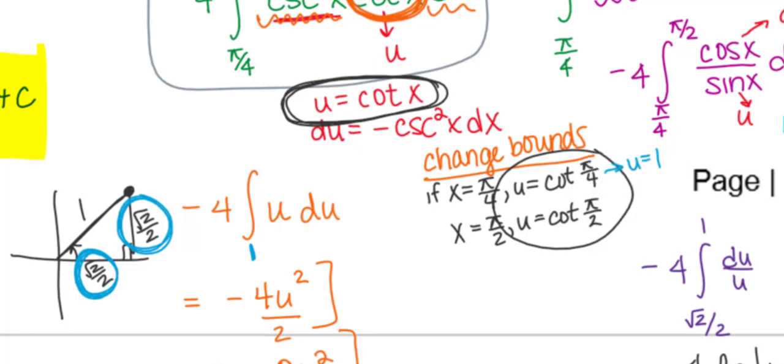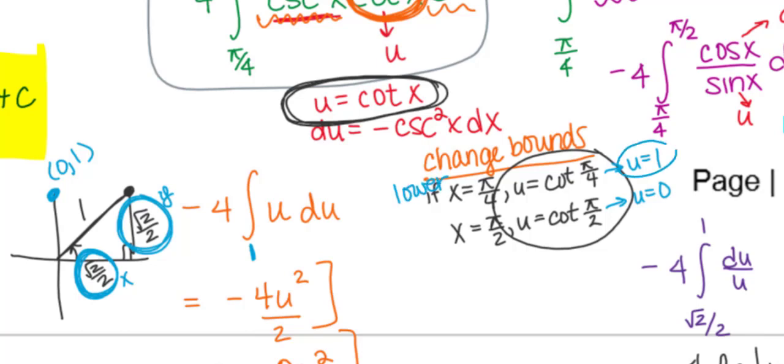Now, cotangent of pi over 2 is straight up, so this is the point (0, 1) on the unit circle. And again, if tangent is opposite over adjacent, we can think of it as y over x. So cotangent is going to be x over y, so 0 over 1. So this will give me a u value of 0. Now be very careful. Cotangent of pi over 4, this was my lower bound, right?